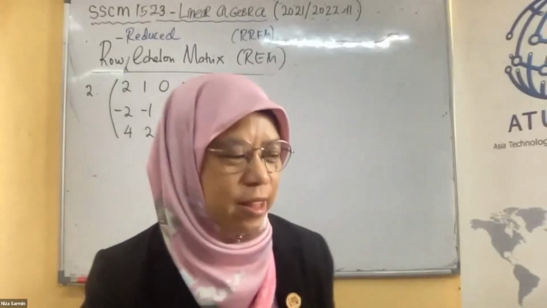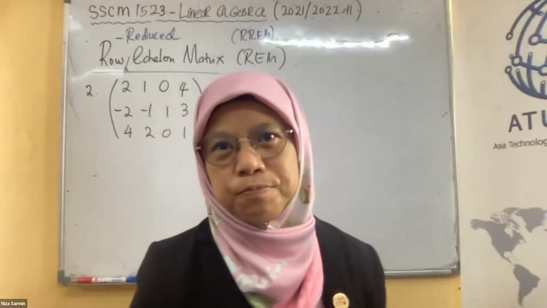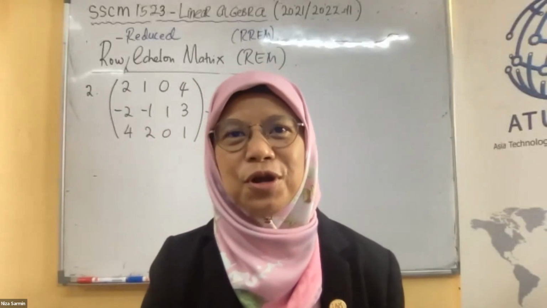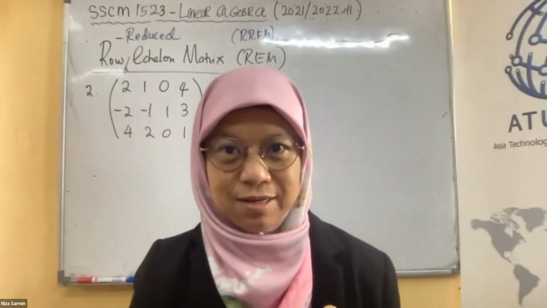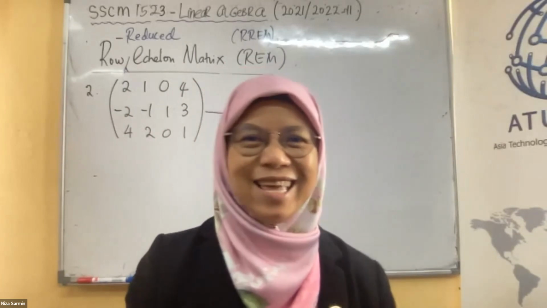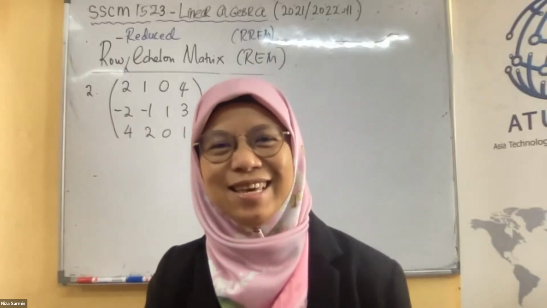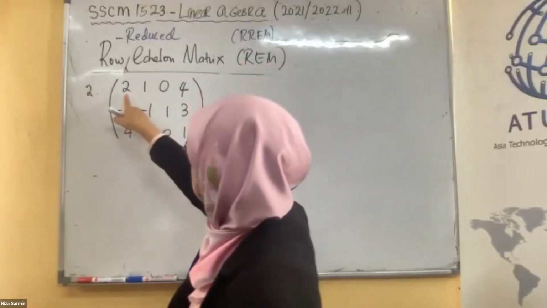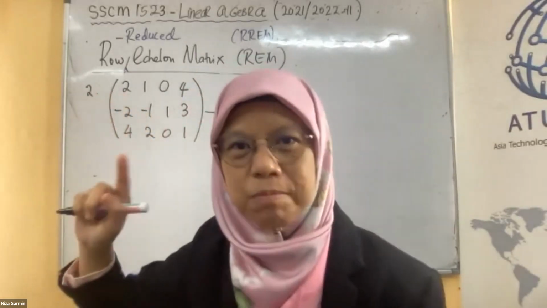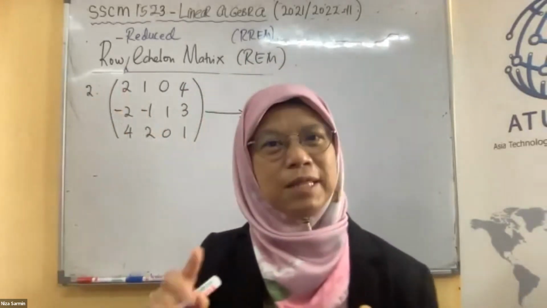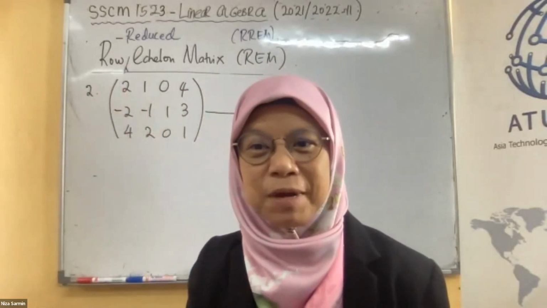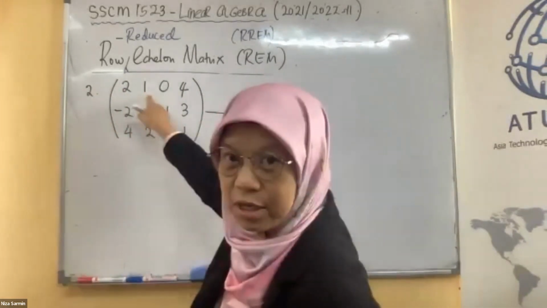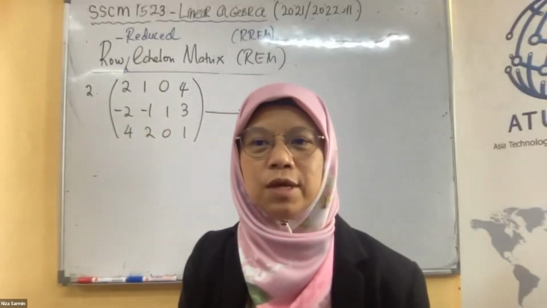But the most important thing is that we want to avoid fractions or multiplying by fractions. The easiest way would be to multiply this by a half, but then you will get all fractions, and you will be adding fractions.